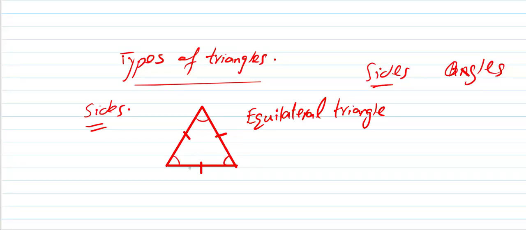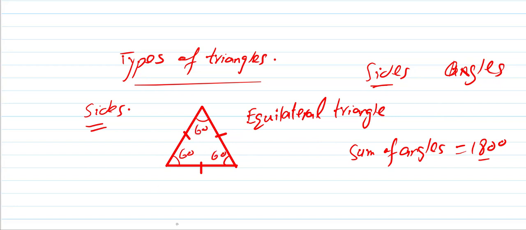In a triangle, the sum of all angles is always 180 degrees. Before we start, you have to remember that the sum of all three angles in a triangle is always equal to 180 degrees. You have to remember it because we will use it many times. So if all three sides are equal, each angle in the equilateral triangle is 60 degrees. Always remember that, okay?